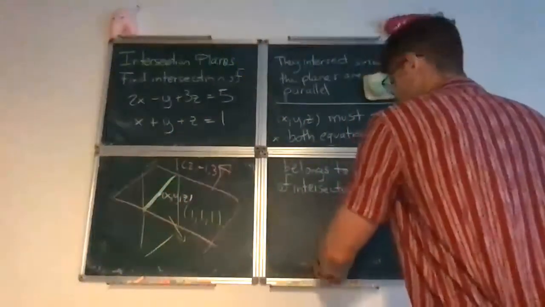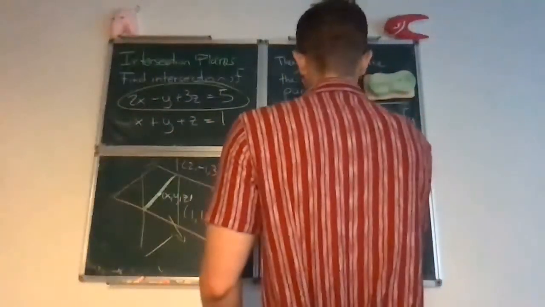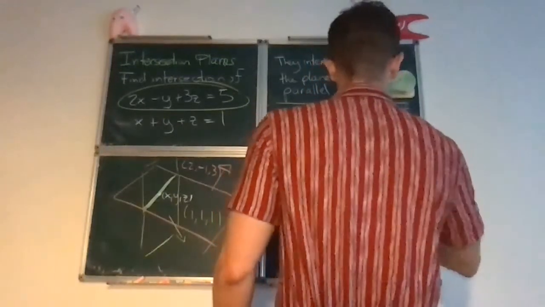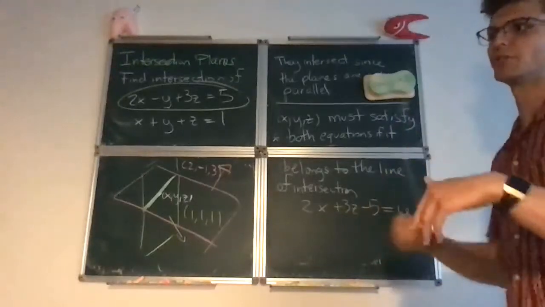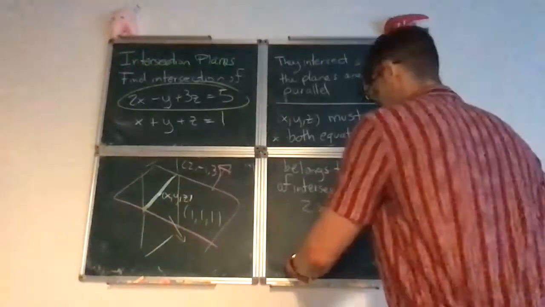So for example, you can take the first equation to say that 2x plus 3z minus 5 equals y, right? The point is to use one of the equations to solve for one of the variables and then substitute in the other equation.